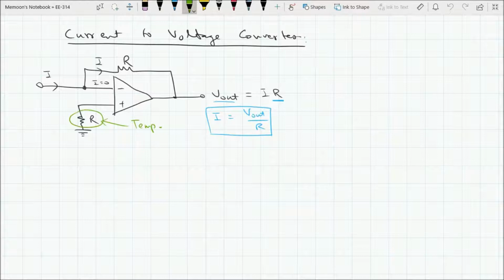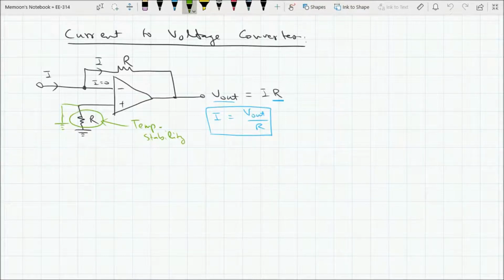So it is recommended to use this R, but if you assume that the temperature of your surroundings remains constant, you can even skip this, and you can just simply ground this terminal, and it would have no effect on the output relationship. So this is one of the most simple examples of application targeted op-amp configurations.